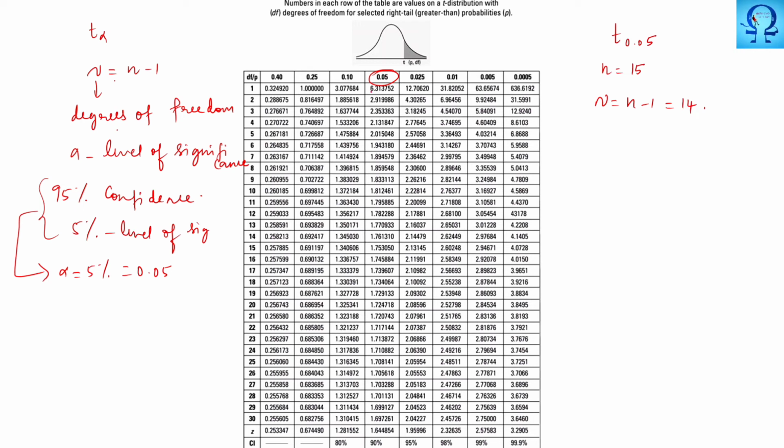So you have identified 0.05 here, and you need to look for 14. This is the value. So your t of 0.05 is 1.761310 for this many degrees of freedom.